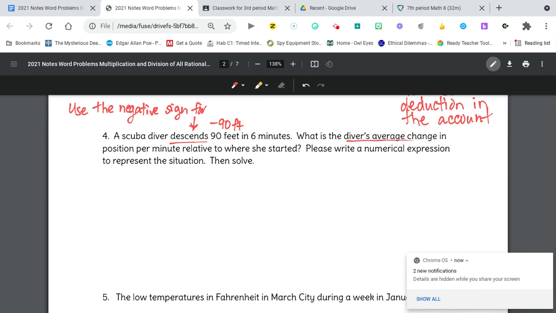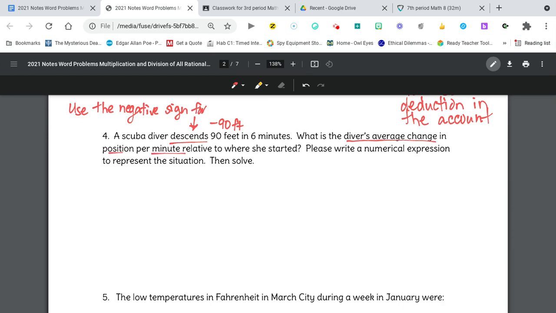What is the diver's average change in position per minute to where she started, okay? So she descended 90 feet in 6 minutes. I just want to know what she descends per minute. Okay, so if she can go down 90 feet in 6 minutes, I just need to know how much she can go down in 1 minute.